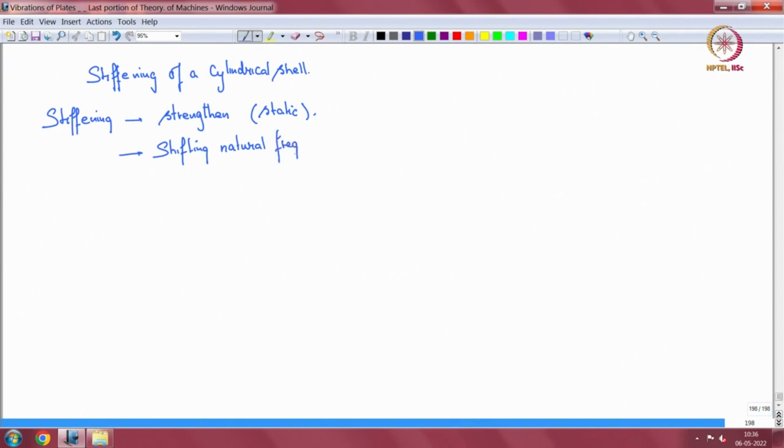If you stiffen any already existing member using some support, then you will shift the natural frequency away from wherever it is causing a problem because some excitation is at that frequency. So when the excitation sees that the natural frequency has been shifted by stiffening, the vibration amplitudes drop. So stiffening can be done to shift the natural frequencies also.